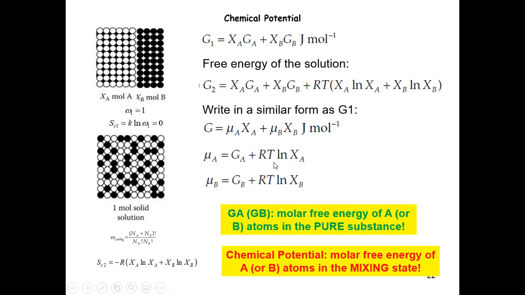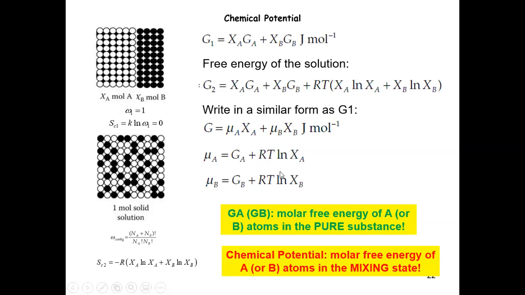And this term, based on our analysis, definitely comes from the fact of mixing. Otherwise, you're going to have only this term in the pure state. But if you mix them together, you get a molar free energy in the mixing state, and the extra term has to be because of the effect of mixing.